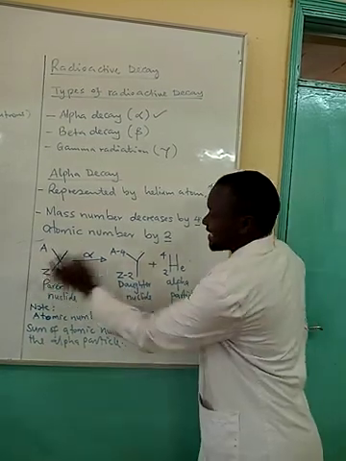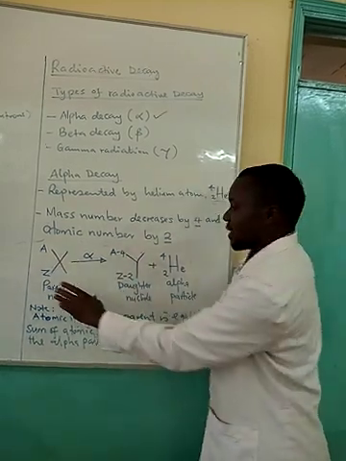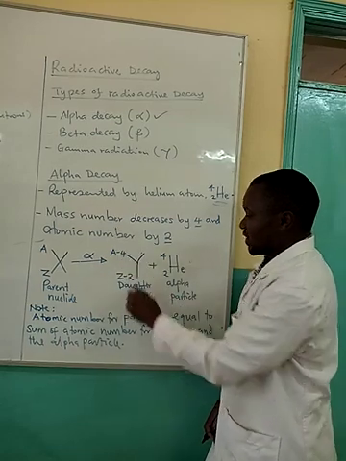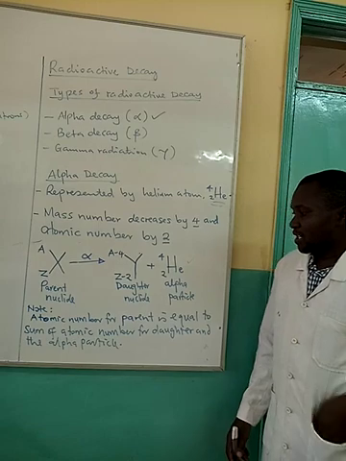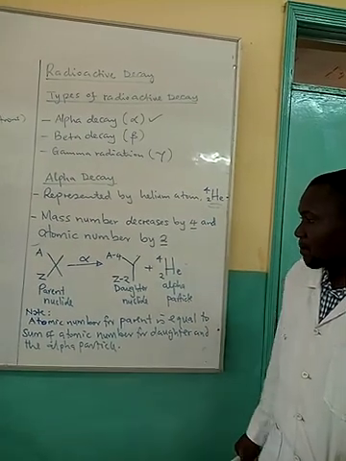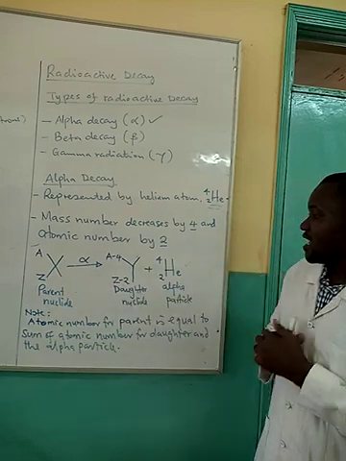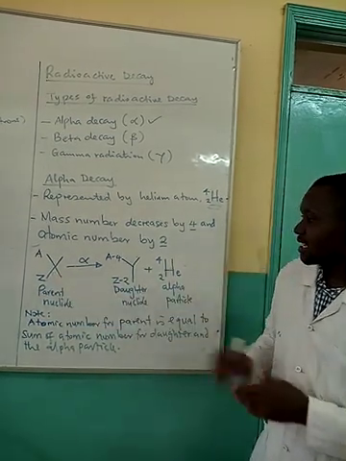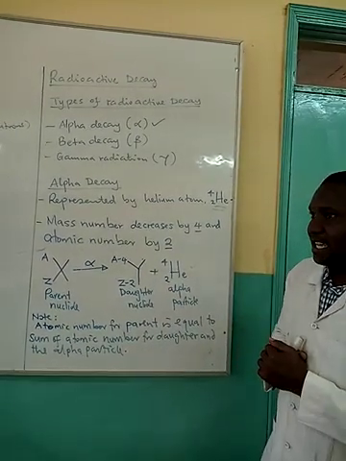The atom X that disintegrates into Y, we call the parent nuclide. The one that it produces is called the daughter nuclide. The alpha particle emitted is just helium. In many cases, when writing the decay equation, we write the parent nuclide on one side, then the daughter and the particle emitted on the right hand side.